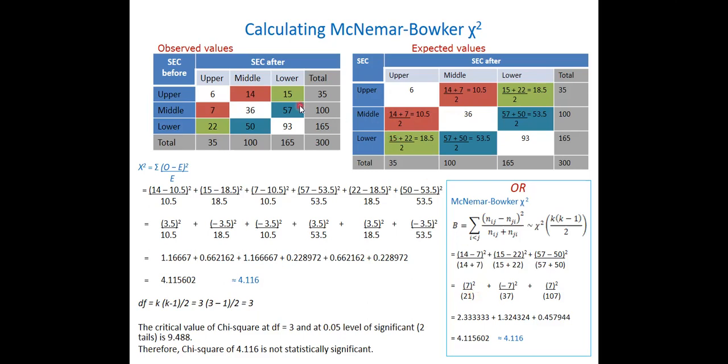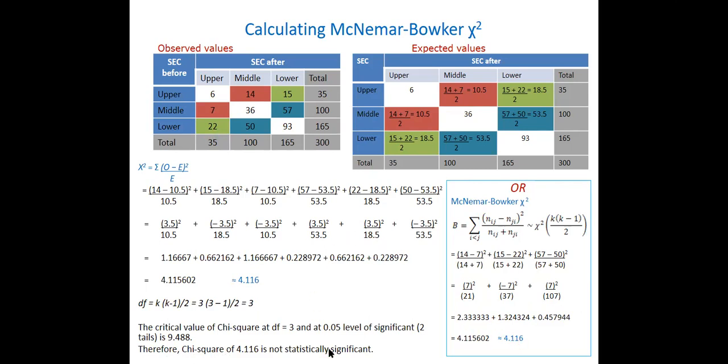Can you see? For this one, the difference between 22 and 15 is 7. 7 squared over the addition, which is 37. This other one also, the difference between 57 and 50 is 7, 7 squared over addition of the two. If you do it, it gives you the same answer. Whichever way you use, it gives you the same.